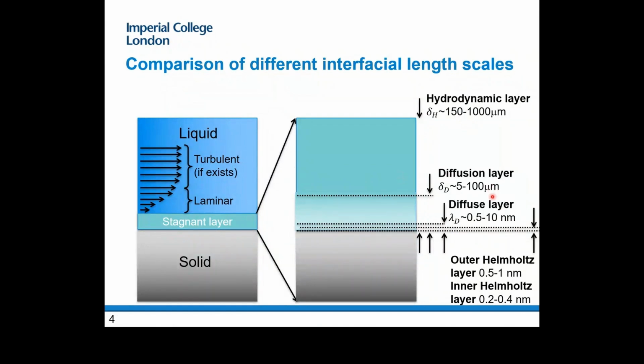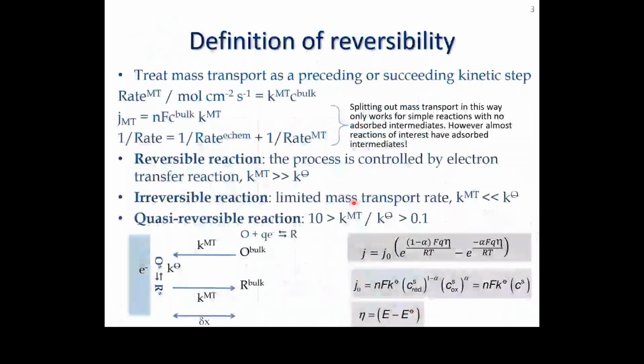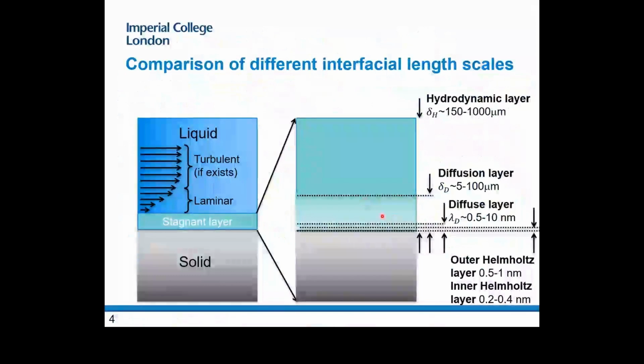We have the diffusion layer, which is the layer over which reactants diffuse to the surface, and that is related to this distance here, where we've got the bulk concentration and diffusion to the surface. And that diffusion layer is typically 5 to 100 microns thick, depending very much upon the conditions in the system.